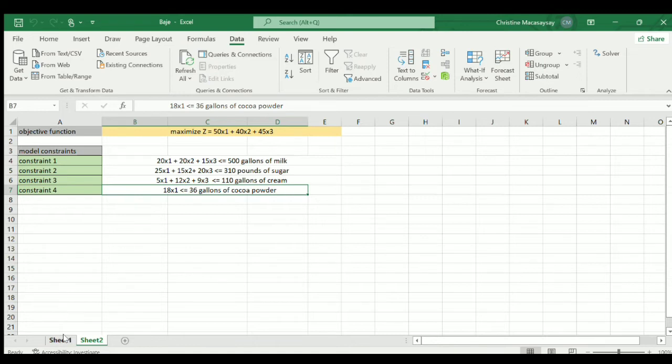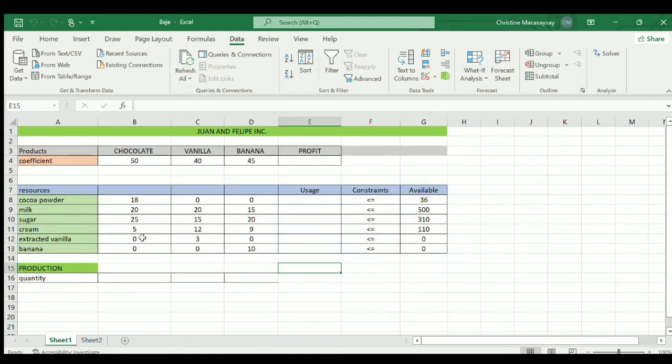So now, we're going to input the resources or the ingredients in order for us to use the solver afterwards. Now, we're going to find the usage or the functions for the resources. So here, first, cocoa powder.